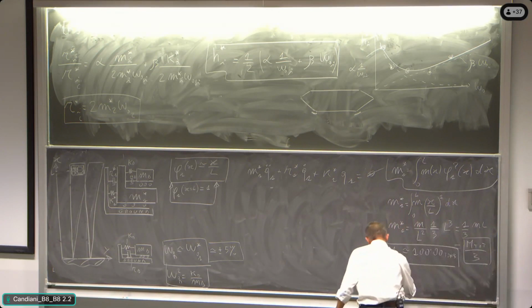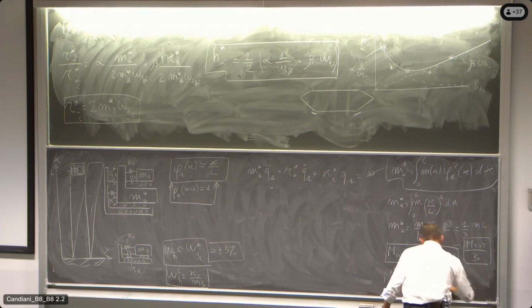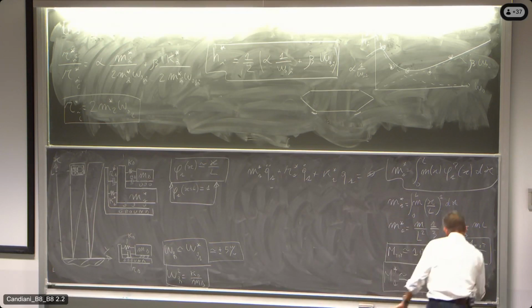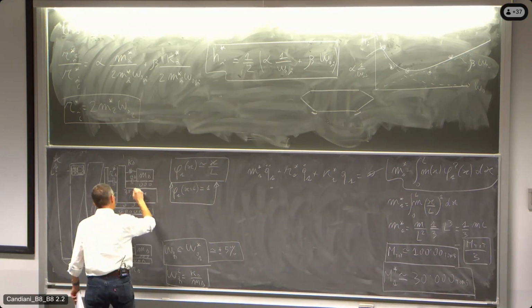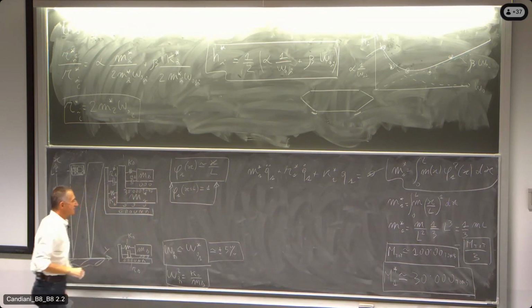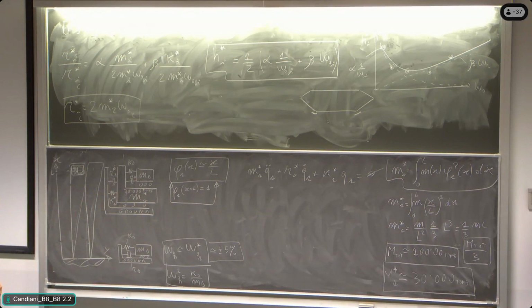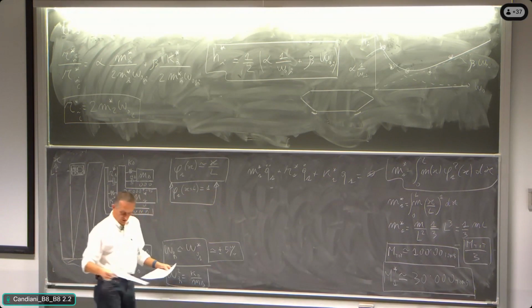And so it makes M1 star about 30,000 tons. So this object is 30,000. I write tons because otherwise it is too big a number to have a physical meaning of what it is about. All right, now we are into the notes.